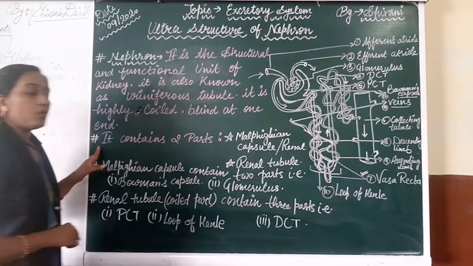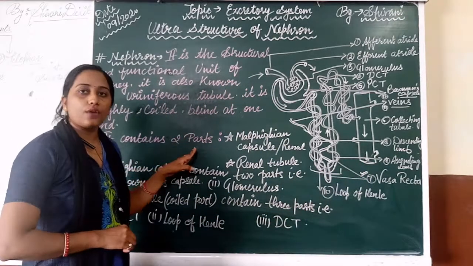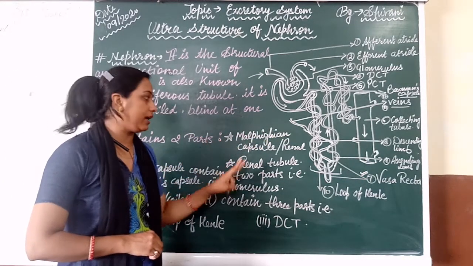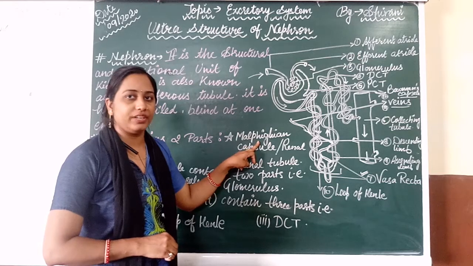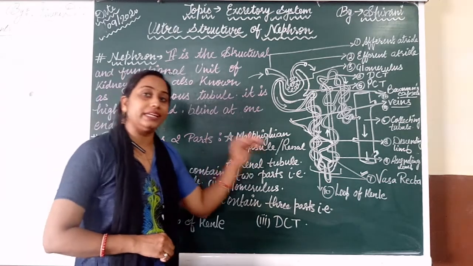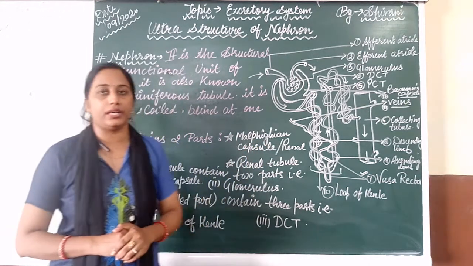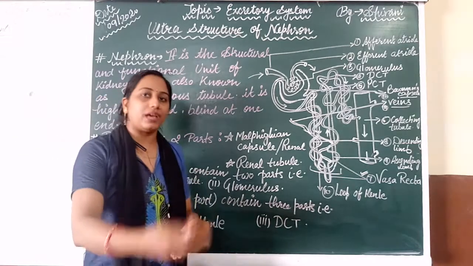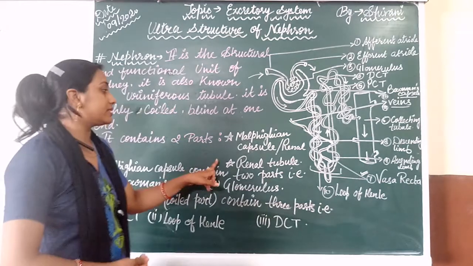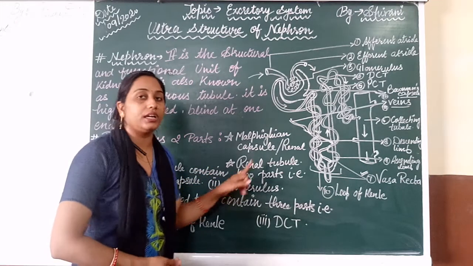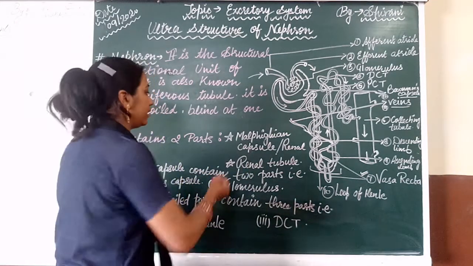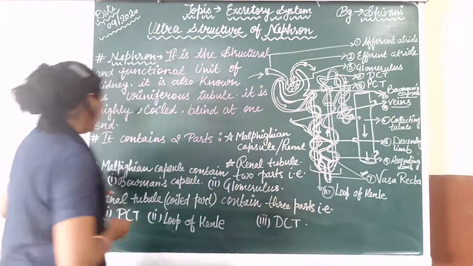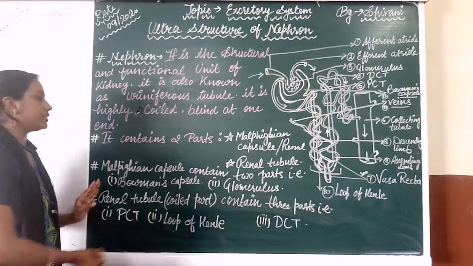If we talk about the parts of this nephron, generally it contains two main parts. First part is called Malpighian capsule, or renal capsule is its another name. We can say renal as well as Malpighian capsule. And the second part is renal tubule. You know that the term renal is related to the kidney. Then further division takes place.